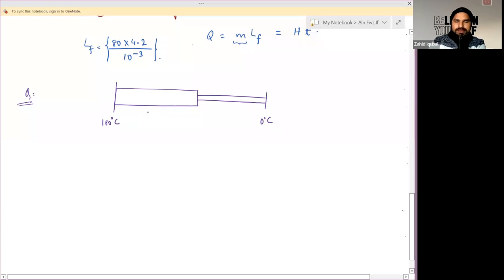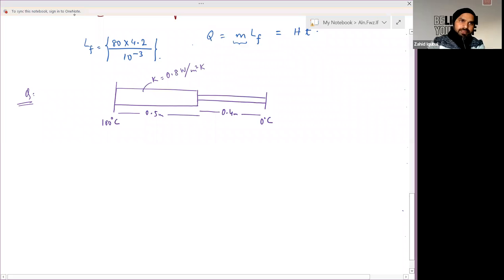Length of this rod is 0.5 meter from this point to this point, and length of this rod is 0.4 meter. Thermal conductivity of this rod is 0.8 watt per meter per Kelvin.